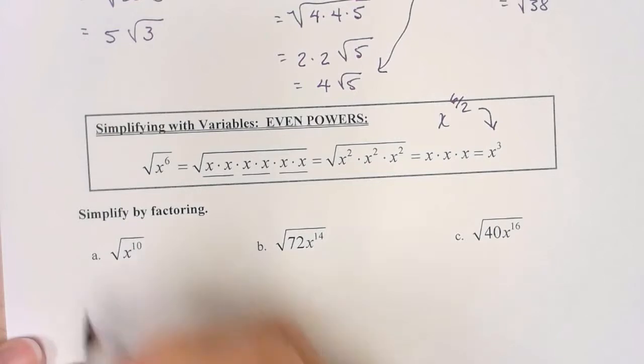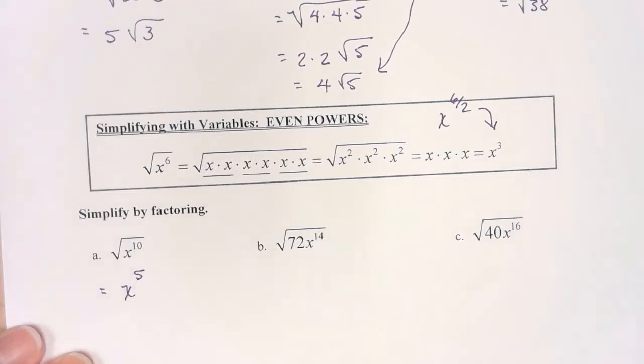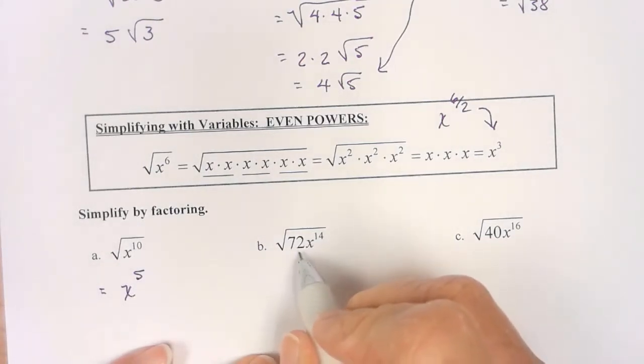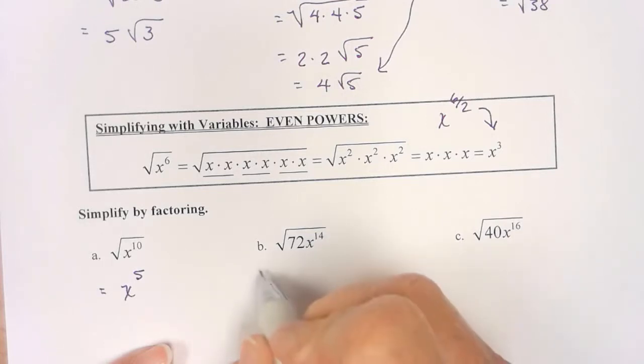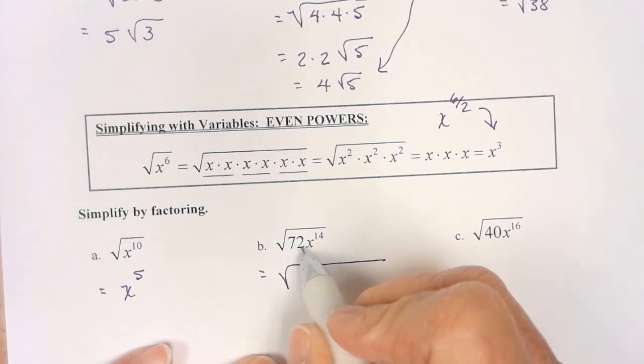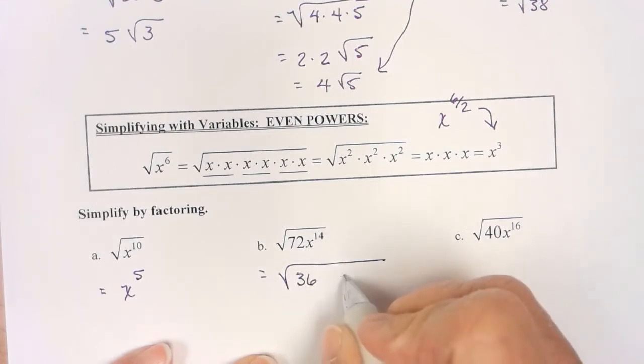So let's look at this one. So that would be x to the 10 over 2, or x to the 5th. The hardest ones on here will be your numbers that you have to simplify. So let's see. If I divide 2 into 72, 2 into 7, we'll go 3, 2 into 12, 6. So I'd have 36, and I'm going to put a times sign here.